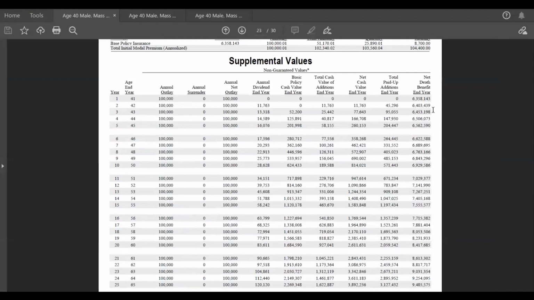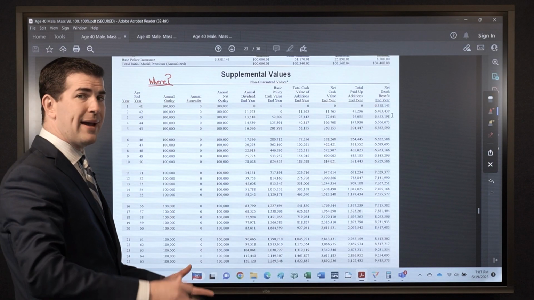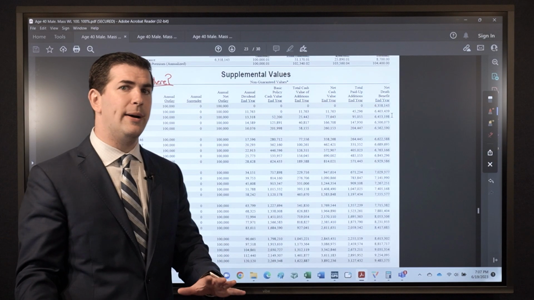So before we look at each example, if I'm considering this policy, my question would be this, and this is always my question for someone who's new to whole life insurance: where, specifically, is my money going? Because if we go back to the whiteboard, where can your money go?